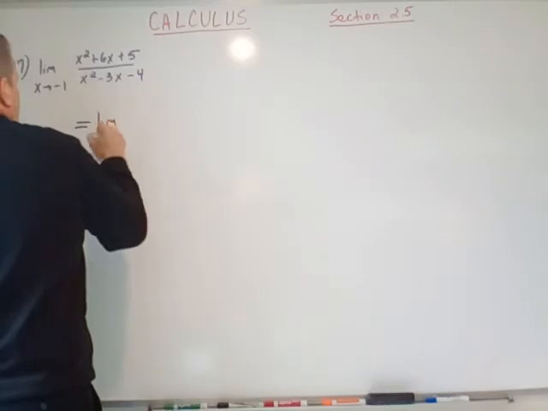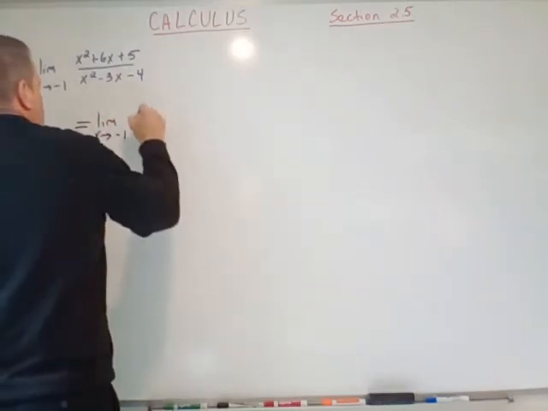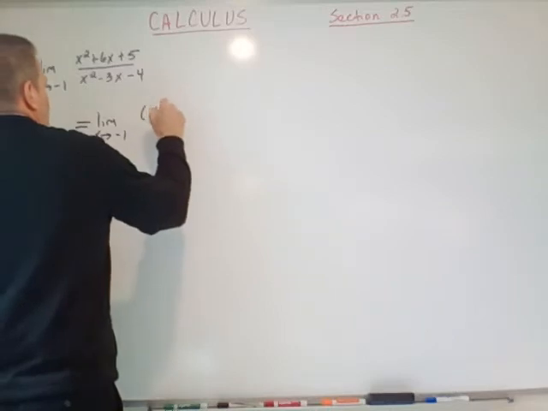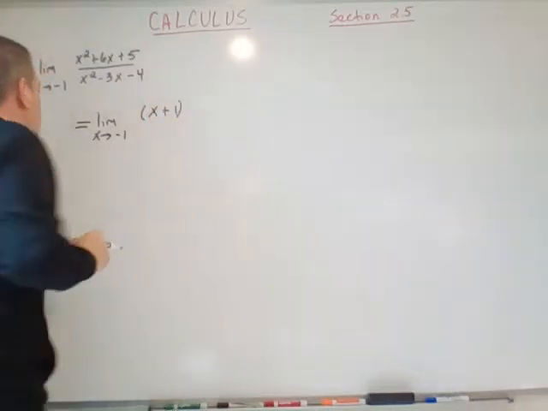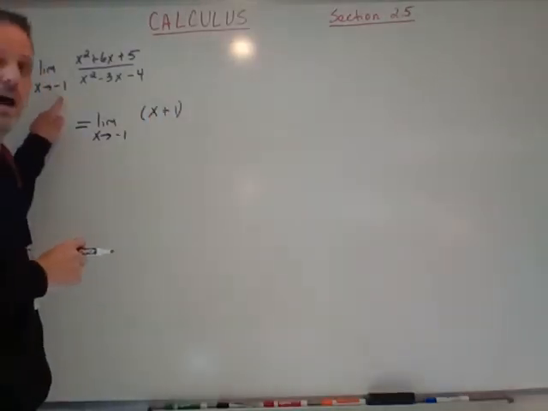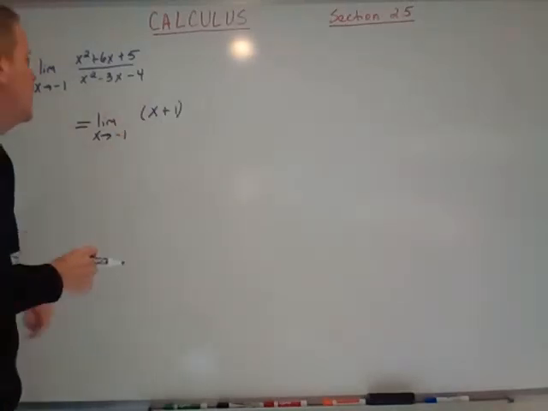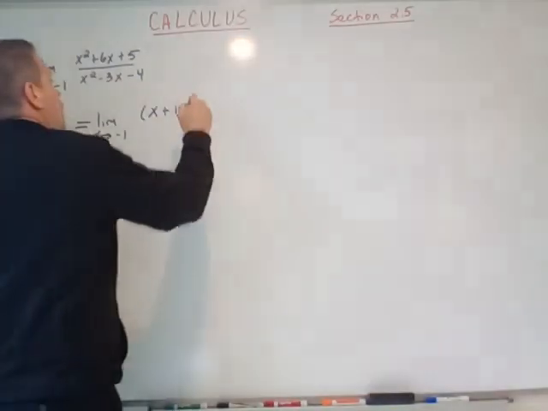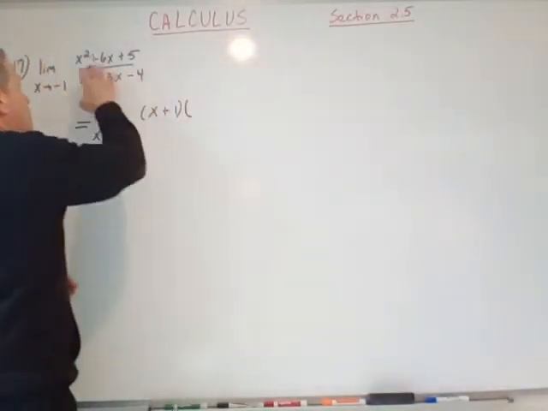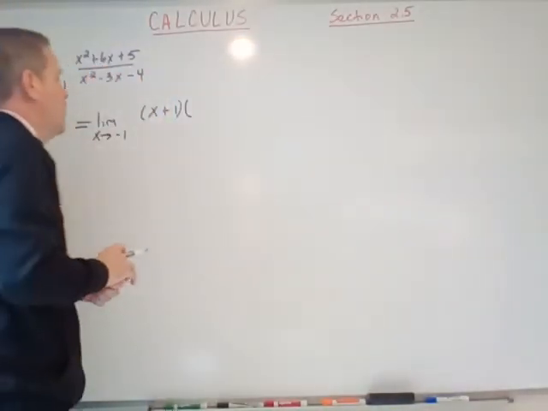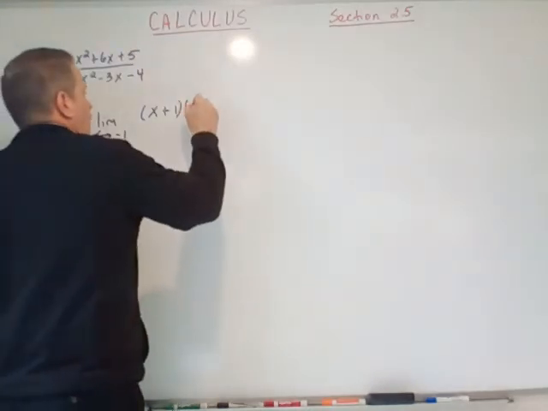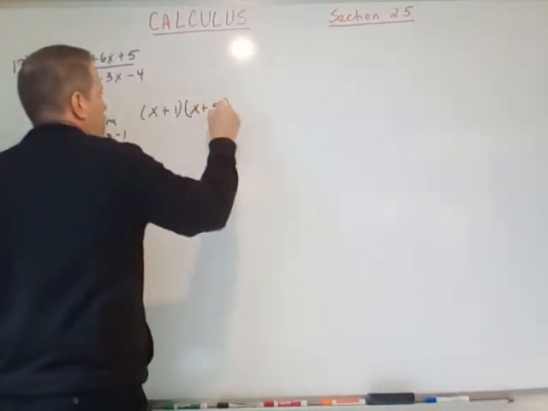So I am going to take the limit as x approaches -1. Now my numerator, I'm going to factor it. Because -1 zeroes out that numerator, I know that x plus 1 is going to be a factor. So the other factor to get the x squared plus 6x plus 5 is going to be x plus 5.